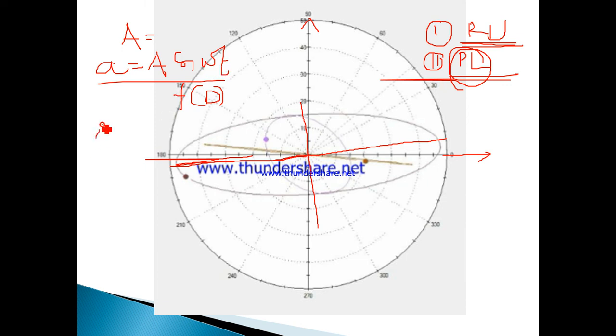That means in the final solution it may come as A sin(omega t minus phi). This phase depends on the damping and the stiffness of the structure, which are frequency dependent parameters. So at different frequencies the phase will change. Those are the things we will learn in our next lecture.